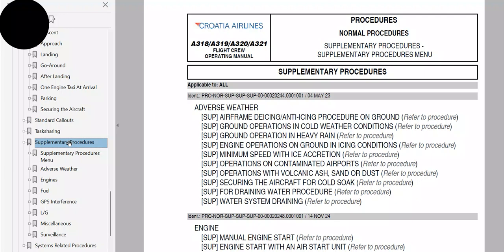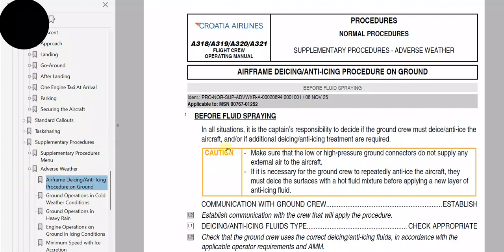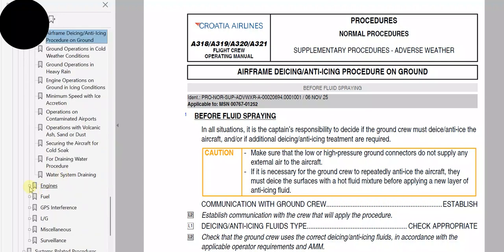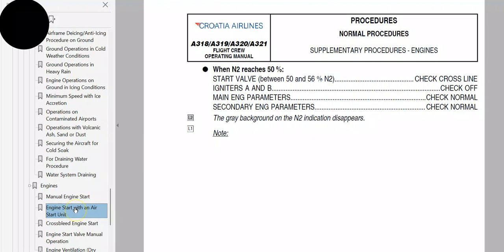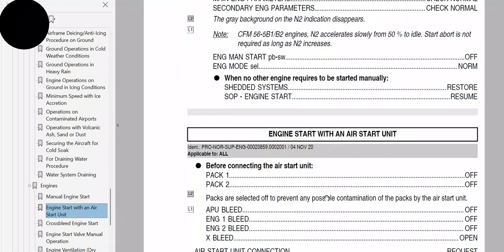They are, let's say, normal procedures, but not performed on a routine basis, not regularly. Such as, for example, in adverse weather, the airframe de-icing, anti-icing procedure on ground. This is not done regularly, only during the winter. Or if we speak about the engines, engine start with an air start unit. This is the one that you actually do when you don't have the APU.